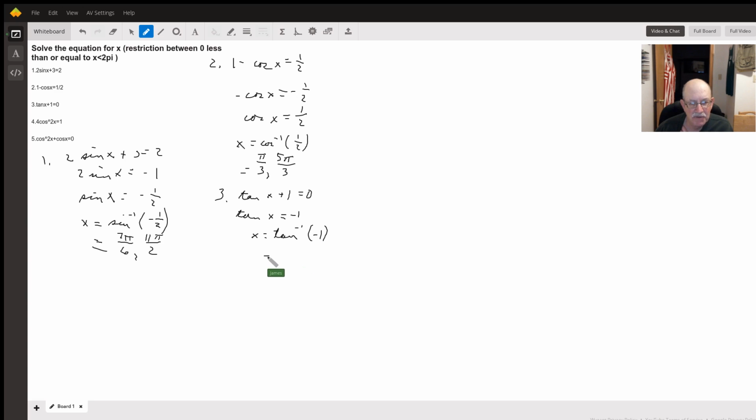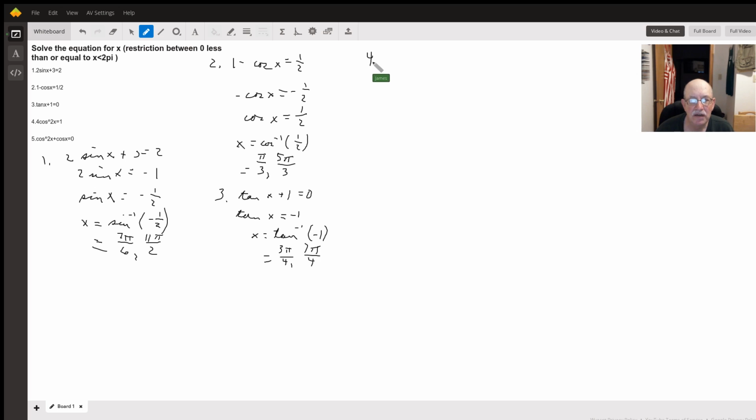Well, so we're looking for the angles that have tangent values of -1. Those will be in the second and the fourth quadrants. And they're going to be 3 pi over 4 and 7 pi over 4. Because those are the angles that have tangent values of -1.